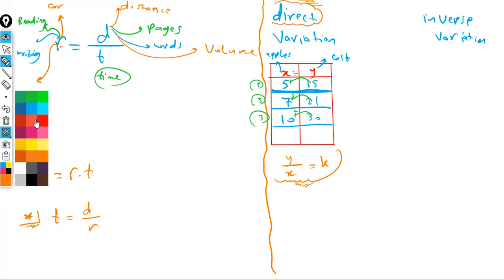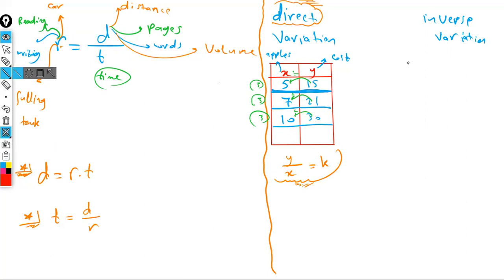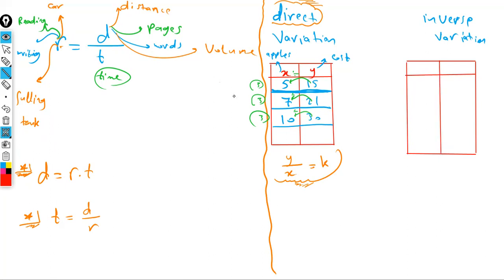Now, let's go to the second type of variation. Again, if we have 2 variables, x and y, and we assume that x here will represent the number of workers and y represents the time we need to finish a job.